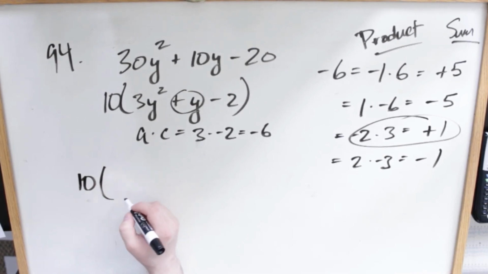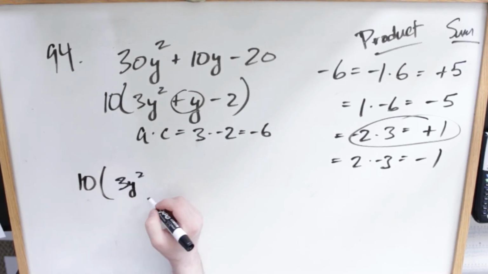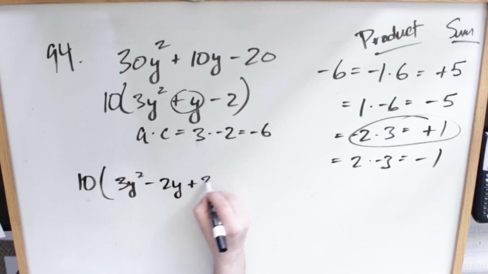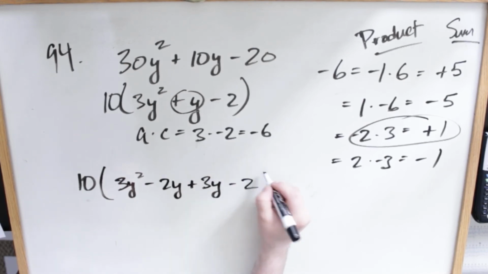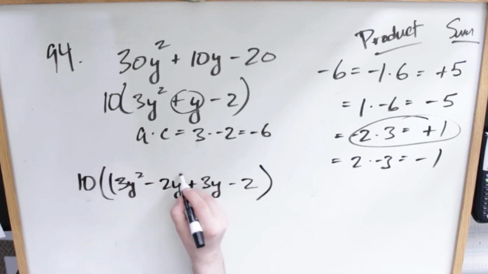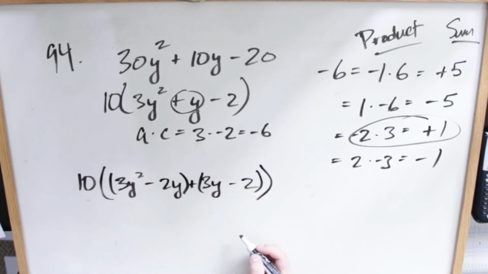And so we're going to group this a little bit differently here. So we've got the 3y squared, minus 2y plus 3y minus 2. Okay. And now, when we group them, we're going to do these first two pieces and these last two pieces.